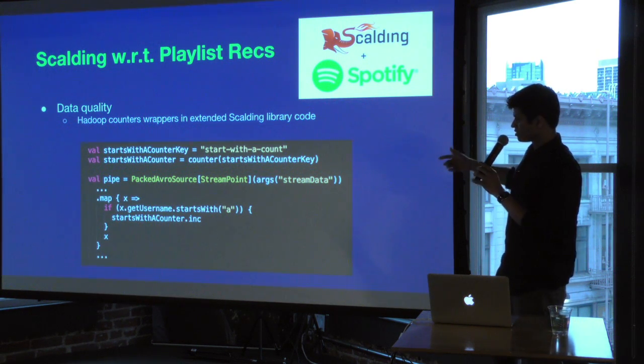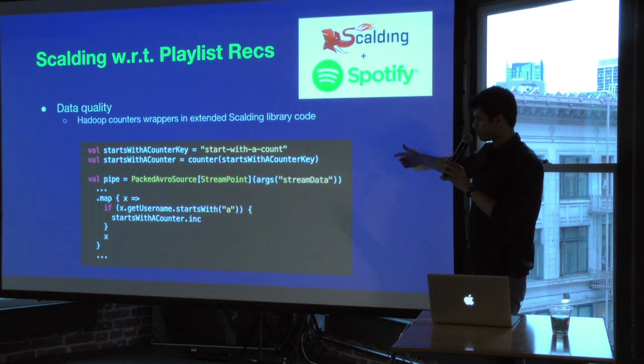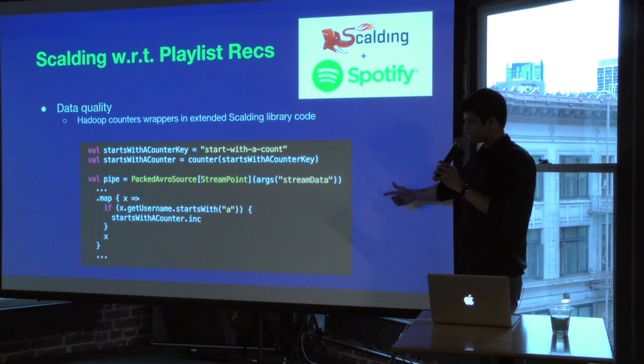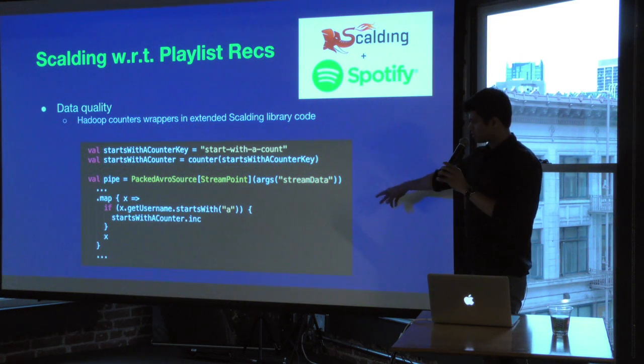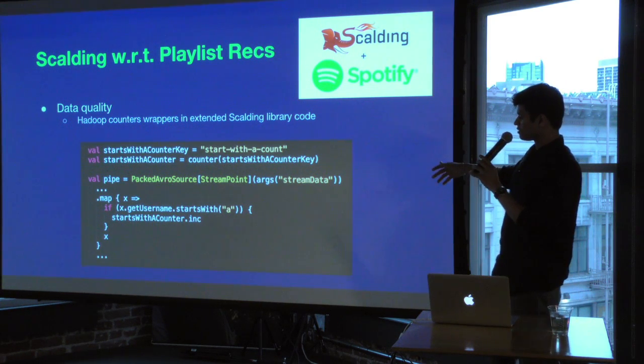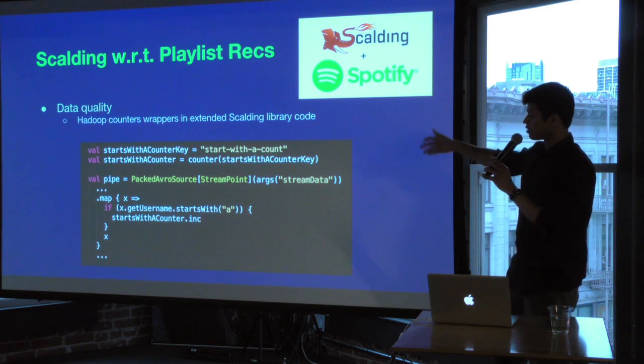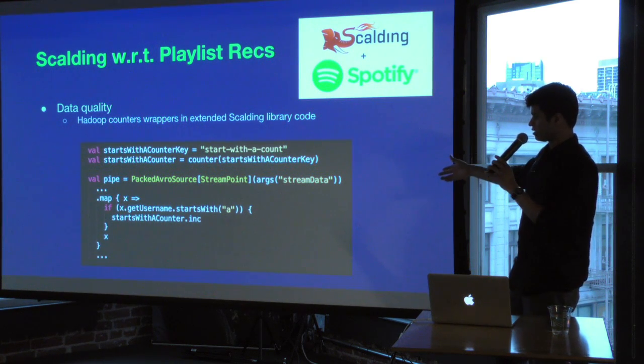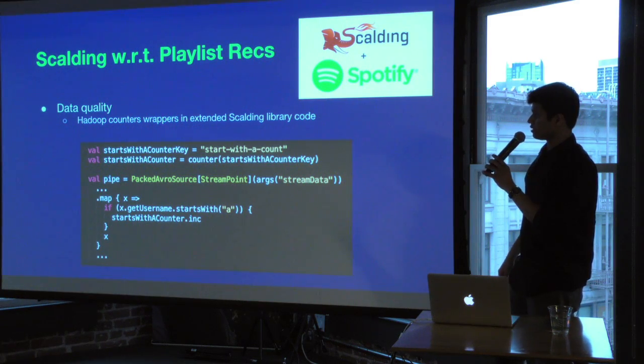As an example, you can see the way it's used is that you define the counter here. And whichever flow you're trying to count, you just increment the counter there. In this case, this counter is counting the number of usernames that start with A. So at the end of the job, this counter would contain the number of users that have a username that starts with A.